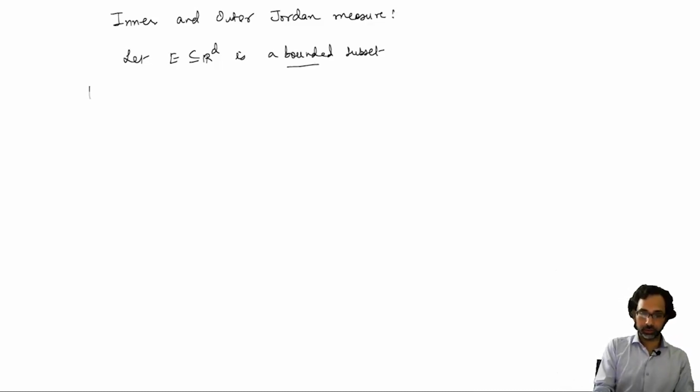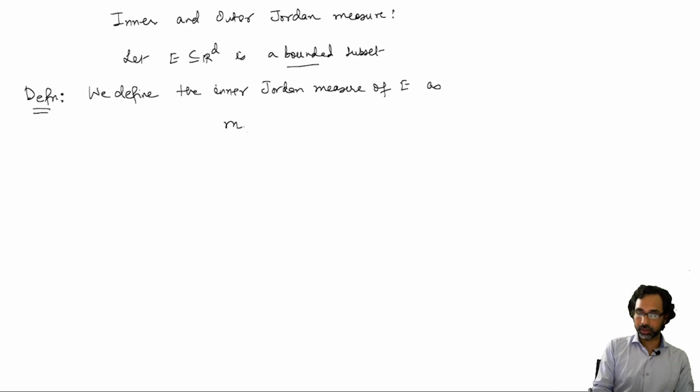So we define, so this is a definition, we define the inner Jordan measure of E as, so we will denote the inner Jordan measure with a lower subscript j. We will denote it like this.